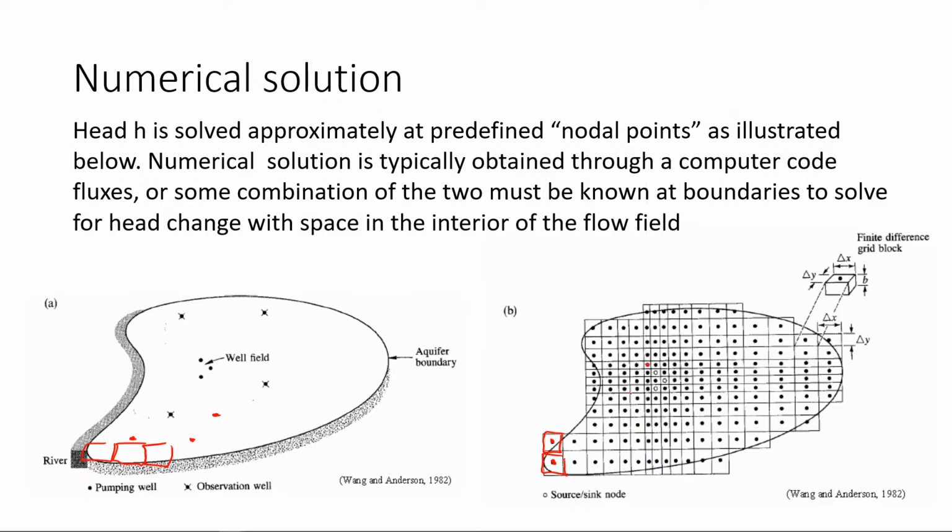Maybe this is the area where we are most interested in, and here your cells become smaller to get higher spatial resolution. Similarly with time. This is discretized space, but you will also discretize in time, with time steps.